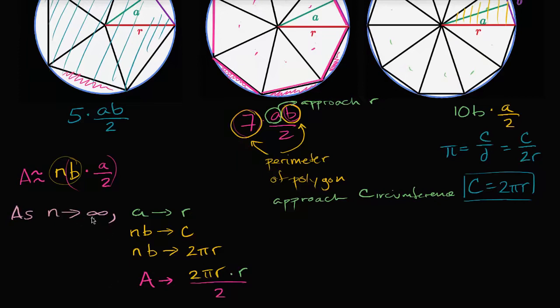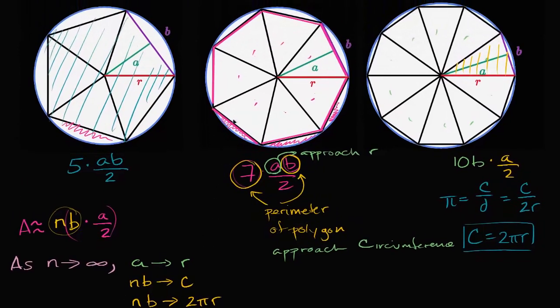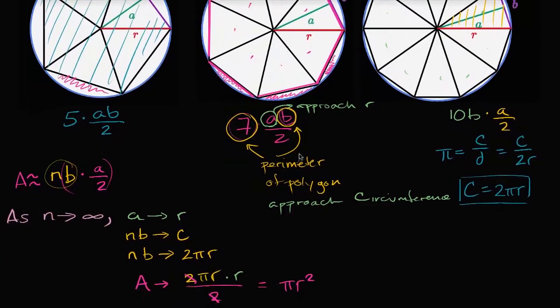So as n approaches infinity, as we have an infinite number of sides of our polygon, an infinite number of triangles, the area of our polygon will approach this, which is equal to what? Well, you have 2 divided by 2, and then pi r times r is equal to pi r squared. So as we approach having an infinite number of triangles, an infinite number of sides, we approach the area of the circle.